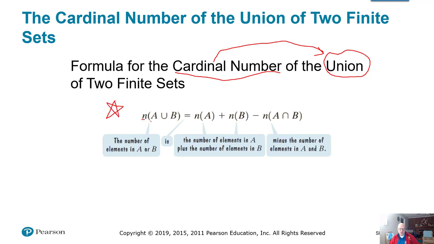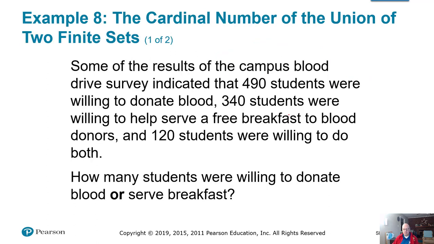If you want the cardinal number for the union, take the number of elements that are in A, add it to the number of elements in B, and you subtract the number of elements that are in the intersection. Because when you added these and these, you added the ones that they have in common twice, so you have to subtract it out once.